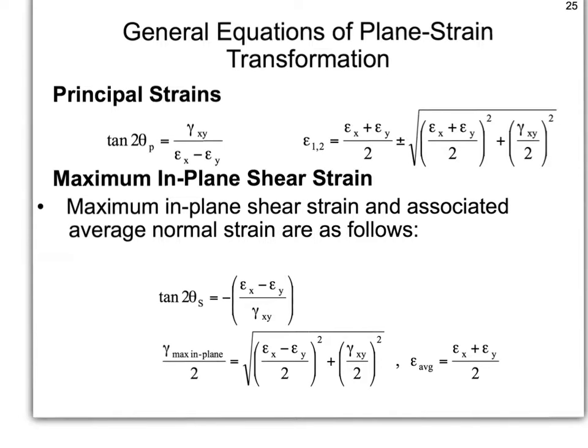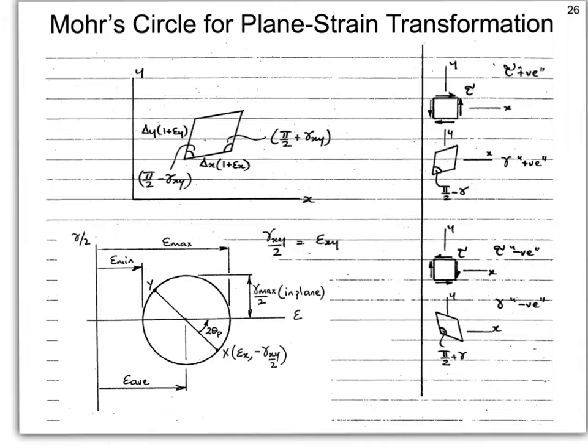As with the stress, we can plot those equations on a Mohr's circle, and Mohr's circle for strain looks something like this. We again have the similar issue with whether we have a positive or a negative shear strain that we had with positive and negative shear stresses. One thing we can say, over here on the right hand column of this slide, is that a positive shear stress results in a positive shear strain, and a negative shear stress results in a negative shear strain.